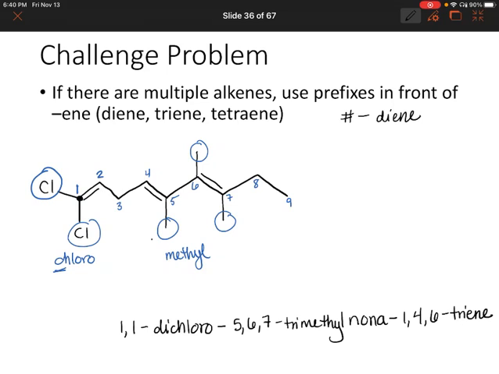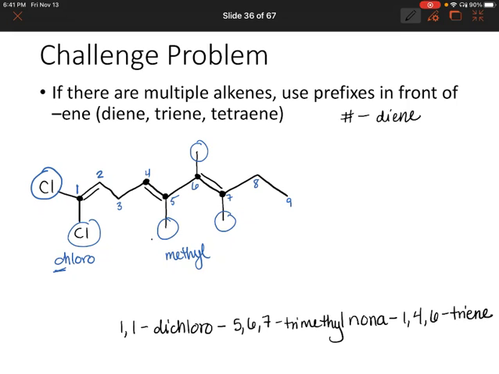So it would be impossible to figure out if that's E or Z because we can't prioritize either of those chlorines because they're the same. So we can ignore carbon 1 in that sense, but we do have to indicate stereochemistry at carbon 4 and 5. So we'll try to figure out the stereochemistry around that double bond. And then also at 6 and 7, so that double bond. What's the stereochemistry there?